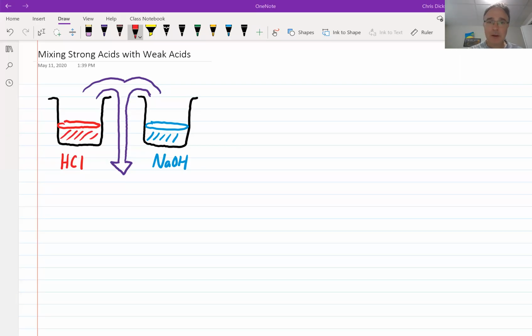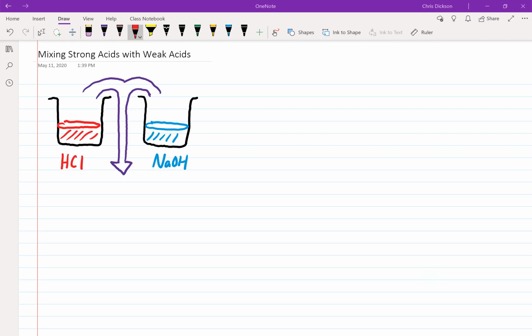So I'm going to share the screen here with my OneNote, and pose a question to you. If you were to mix something like hydrochloric acid with sodium hydroxide, and that's all you were told, what do you think would happen if you just poured these chemicals together, or various amounts of these chemicals together?